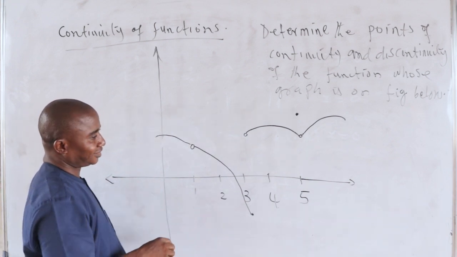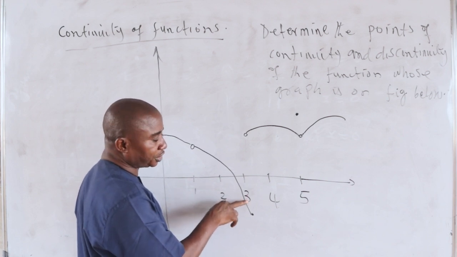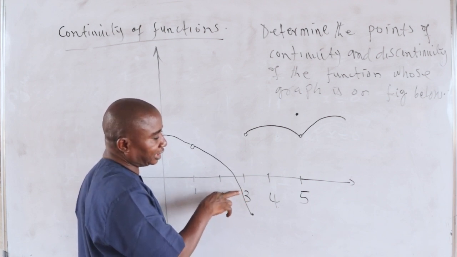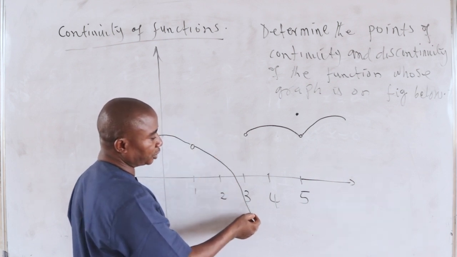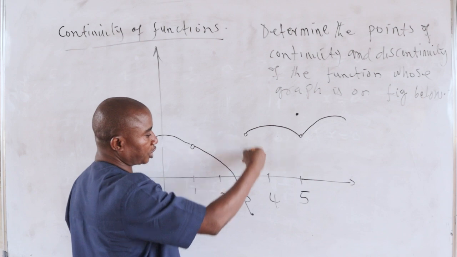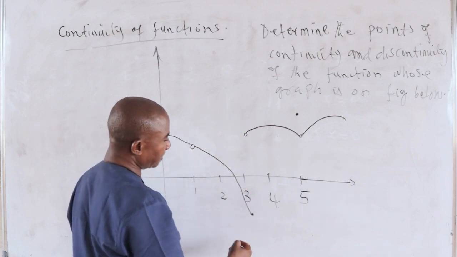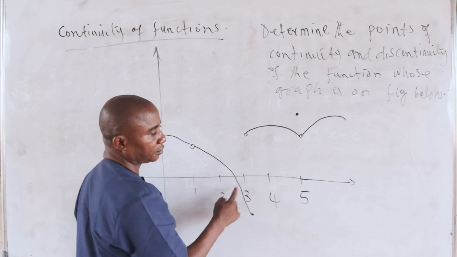But then, the limit of this function as x approaches 3 from the left-hand side is not the same as the limit of this function as x approaches 3 from the right-hand side. So because of that, this function is not continuous at the point 3.